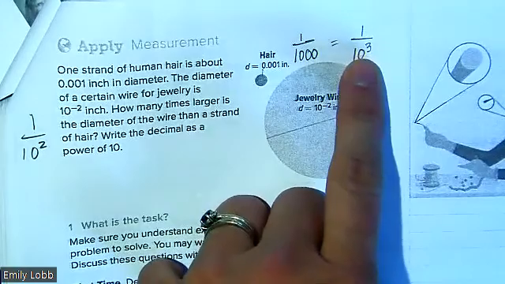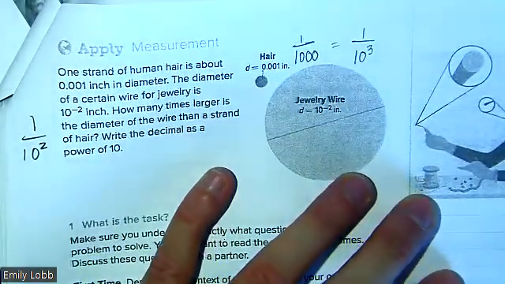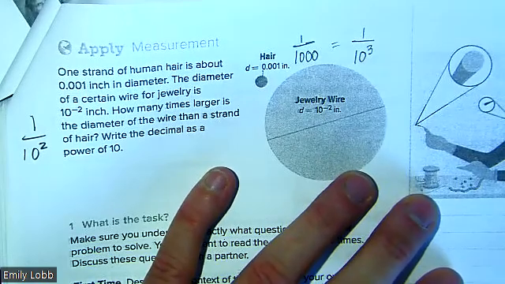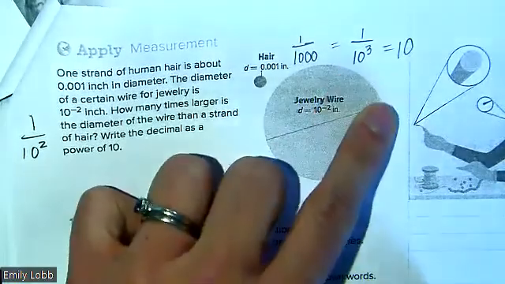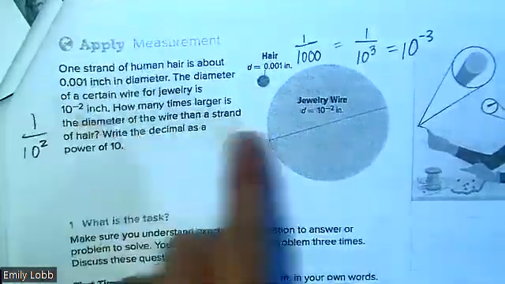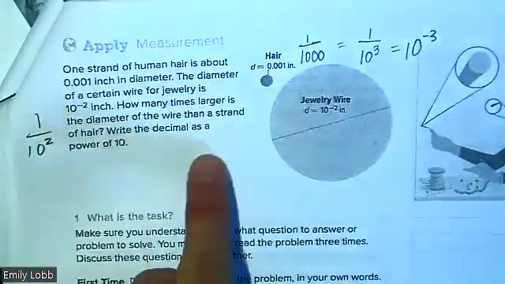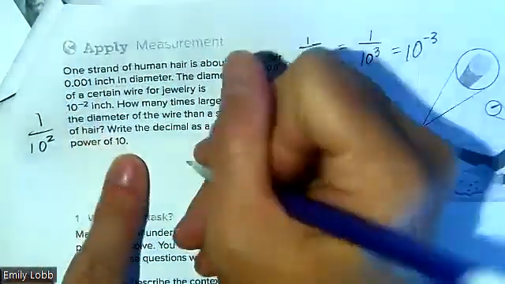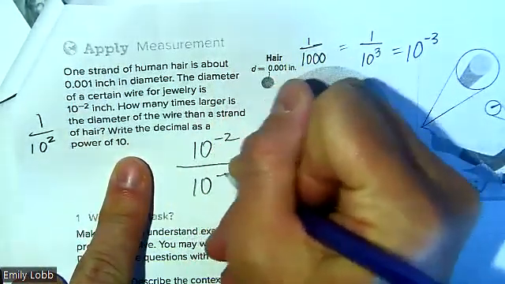So how could I write this as a negative exponent? Can I write this as a negative exponent? Yes, 10 to what power? -3. All right, so I have 10 to the -3rd. So we are going to take the bigger, which is 10 to the -2nd, divided by 10 to the -3rd.